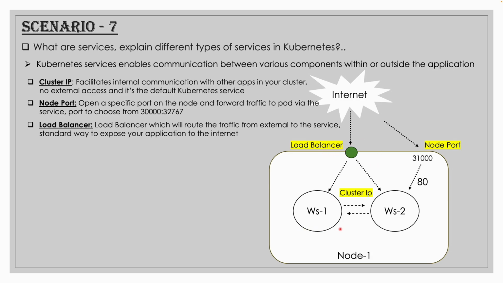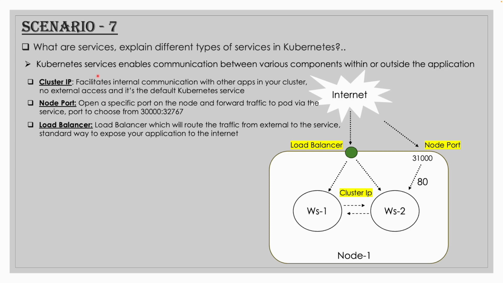Imagine you have two pods on which your web server is deployed. This load balancer type service will distribute the traffic accordingly. And with this load balancer type, you will be able to access your application from internet. Okay, so these are the three types which you will come across.